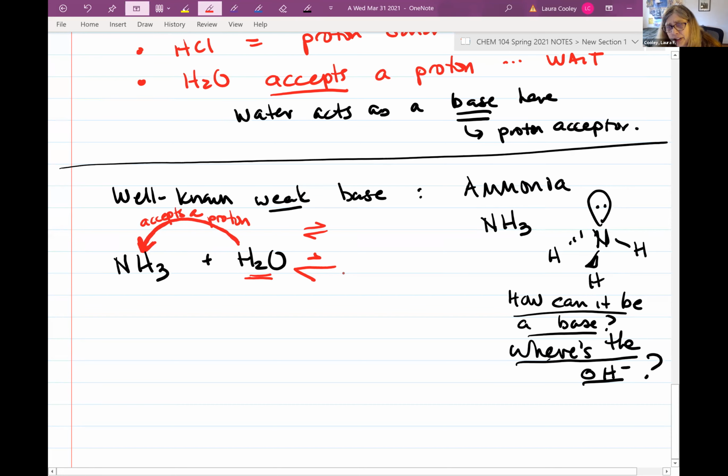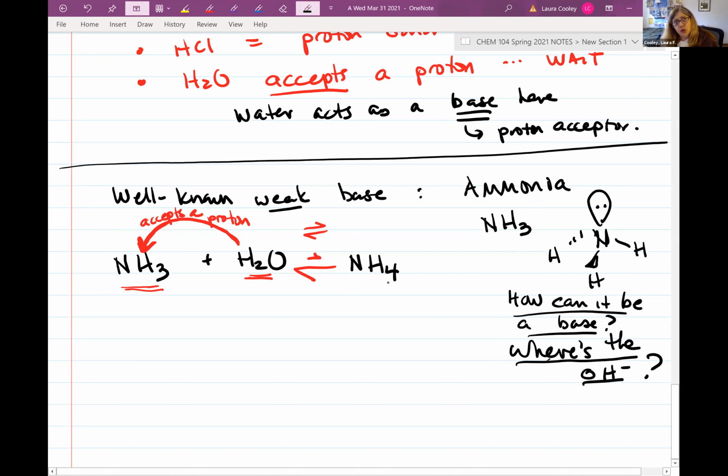What do I end up with? What does this become after that happens? Is it still NH3? How many hydrogens will it have now? It'll have 4. Yes, 4.